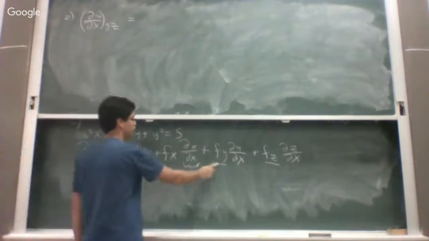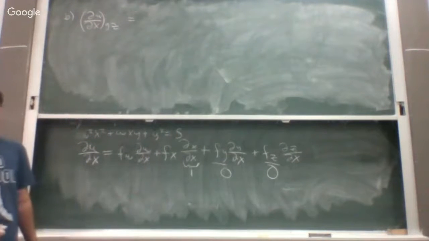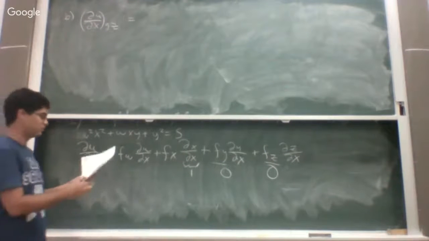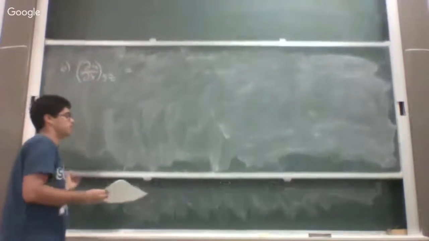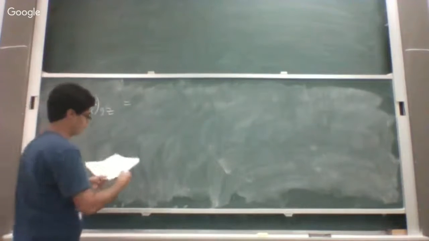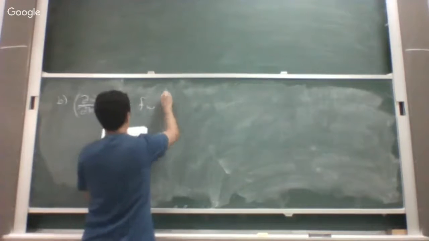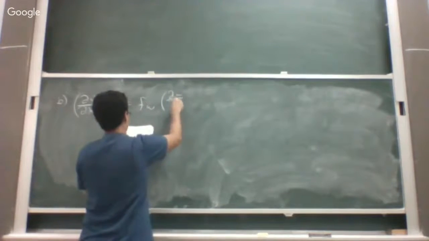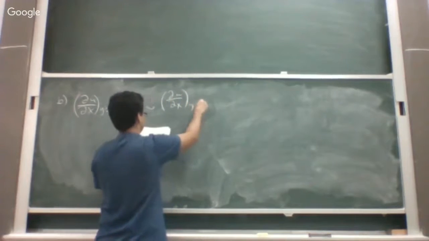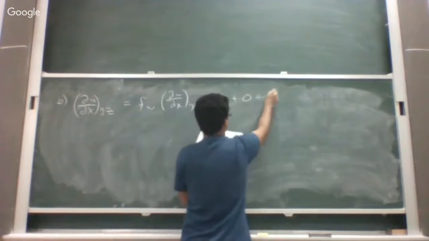So both of these go to 0. Did that make sense? Because we're not changing them, they're just constants. So here we can rewrite it as f of w, partial of w with respect to x, holding y and z constants, plus f of x plus 0 plus 0.